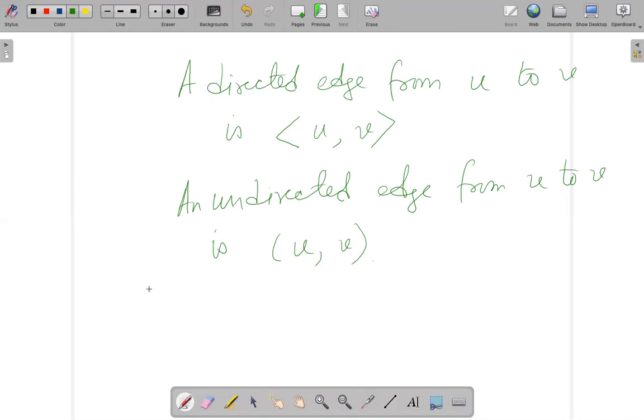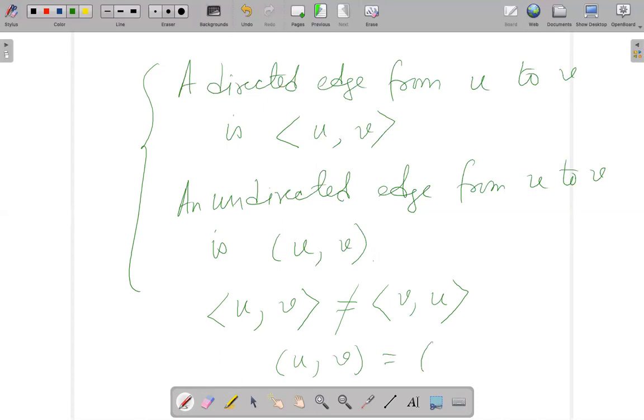So once you have these notations, you can write that UV is not the same as VU, because there is a directionality involved, whereas uv is equal to vu. So in the previous picture that we saw, the graph was undirected, and therefore uv there was the same as vu.